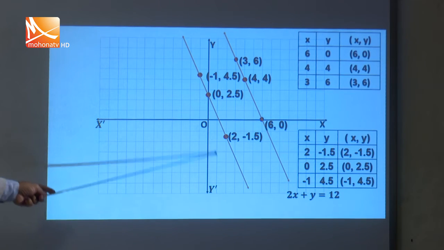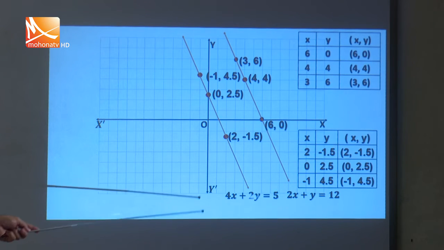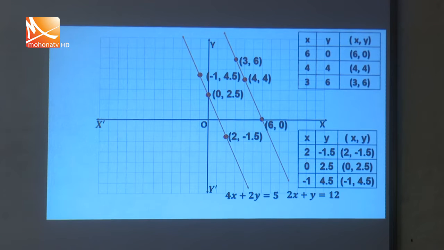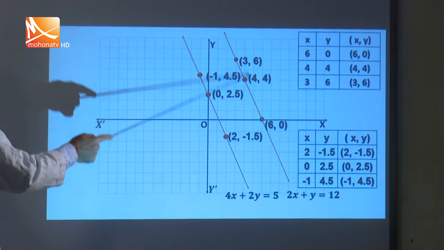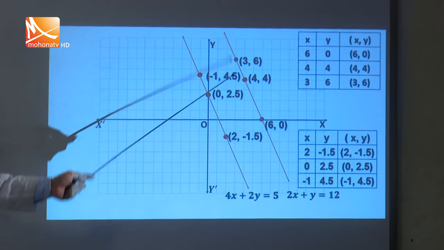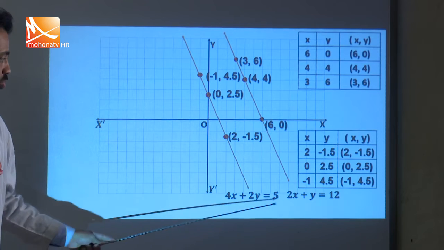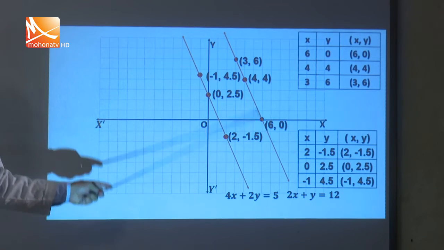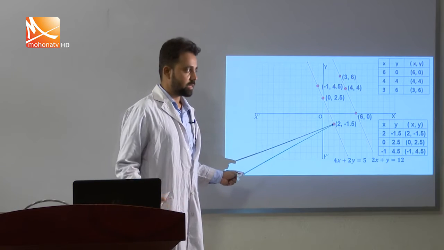So, joining these 3 points we get the graph of the equation 4x plus 2y equal to 5. Students, observe carefully. In this case, the two equations do not intersect each other. Okay. So, in this case we can say these two equations have no solution, because these two equations are parallel. Okay.